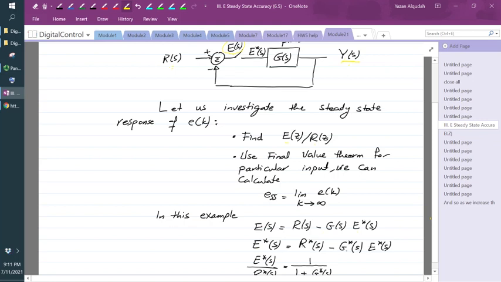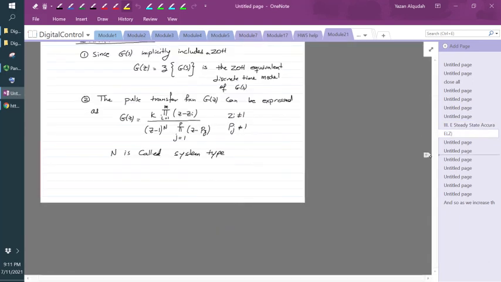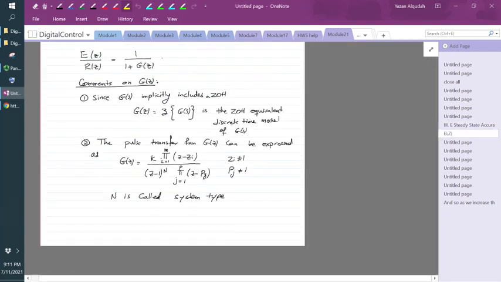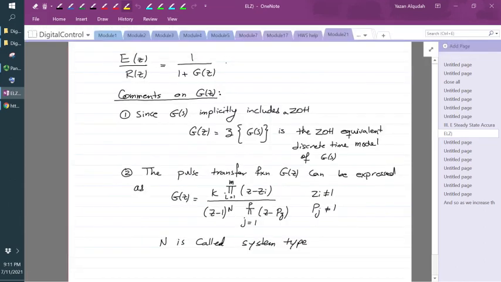If I move G star multiplied by E star to the other side, take E star as a common factor and divide by 1 plus G star, I'm going to get E star over R star equal 1 over 1 plus G star. Therefore, E of Z over R of Z is going to equal 1 over 1 plus G of Z.